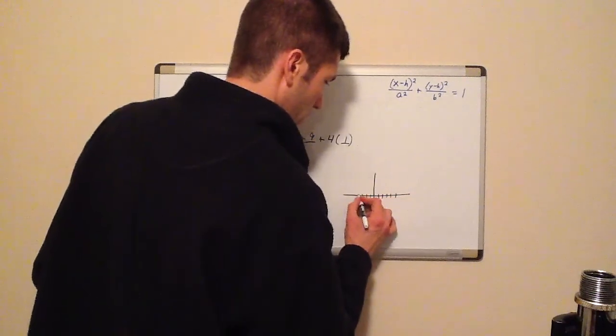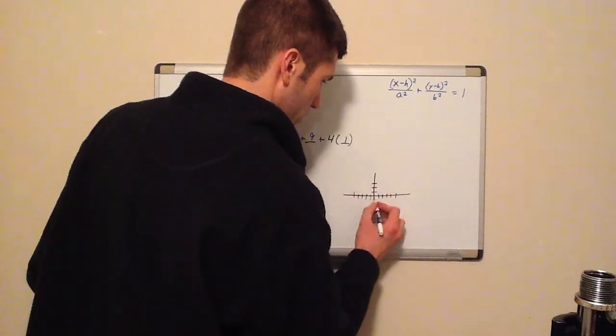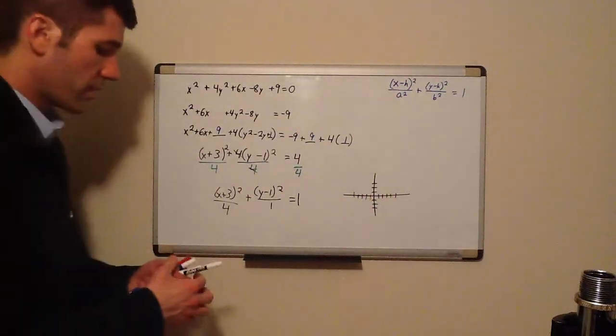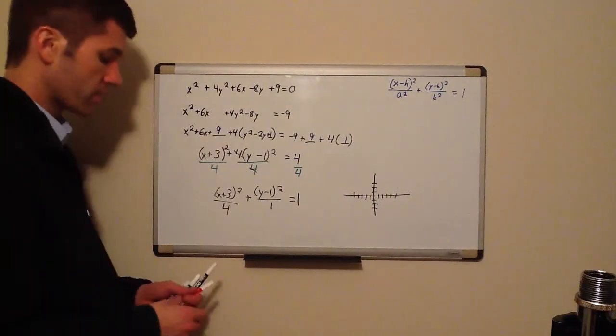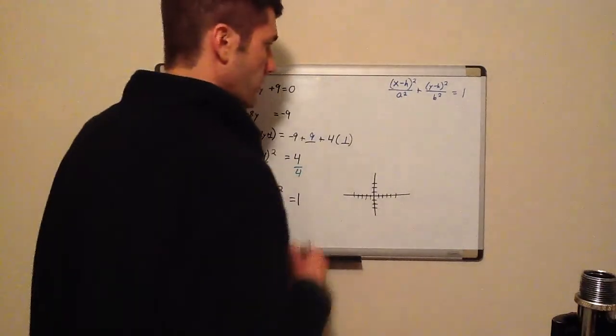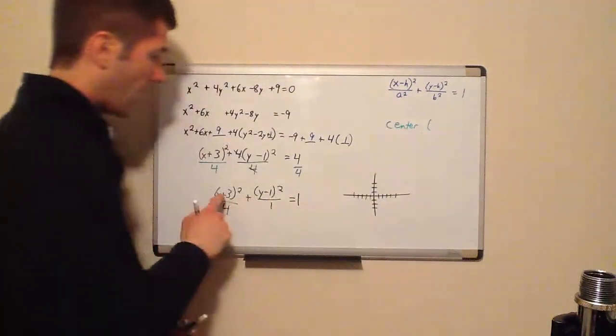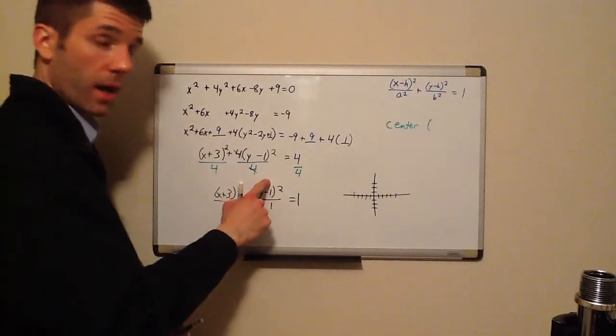1, 2, 3, 4, 5. 1, 2, 3 should be enough. 1, 2, 3 should be enough. There. Okay. The center. I'm going to write some stuff down. Let's put it in green. The center is at -3, +1.